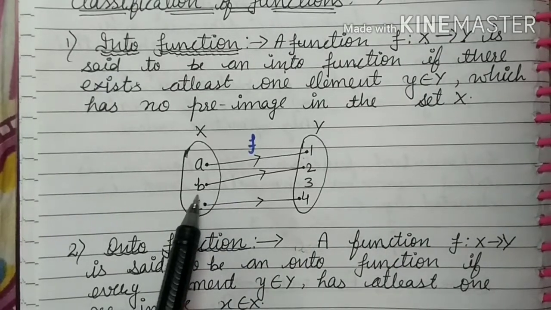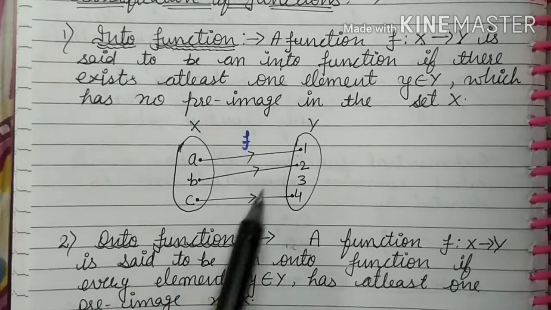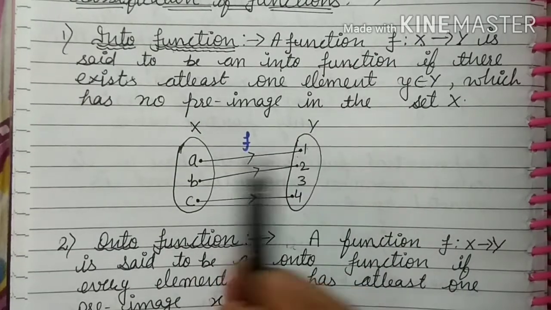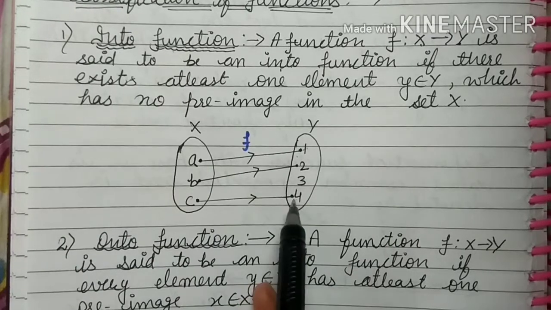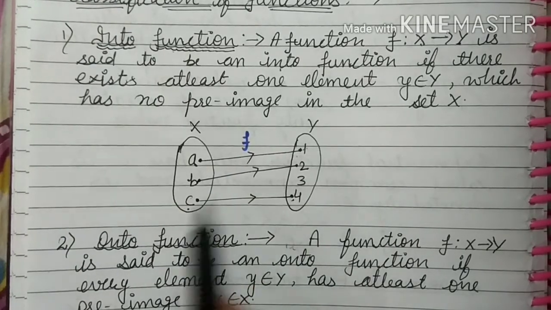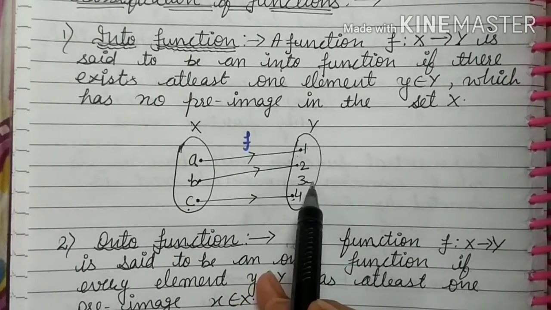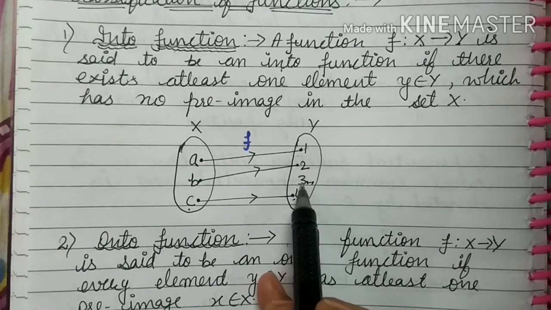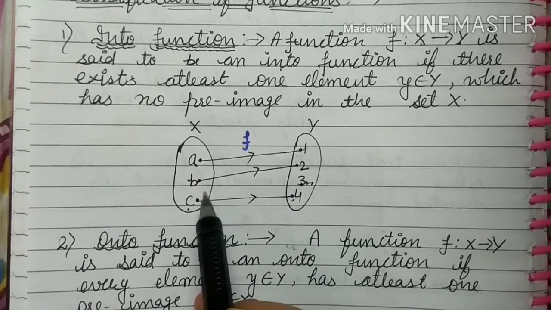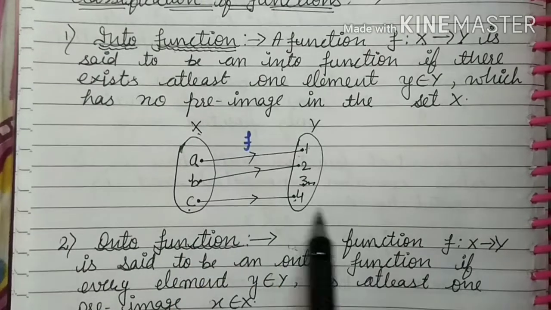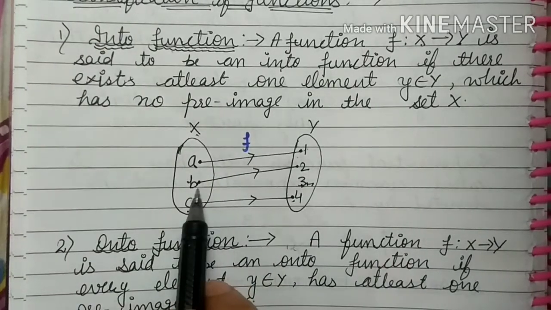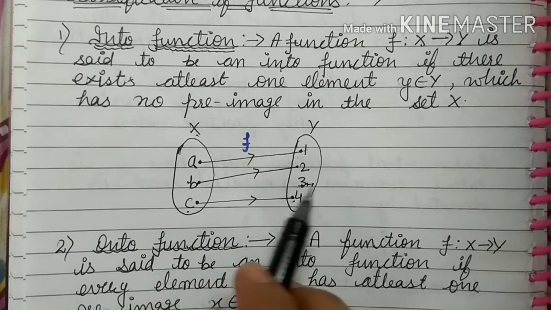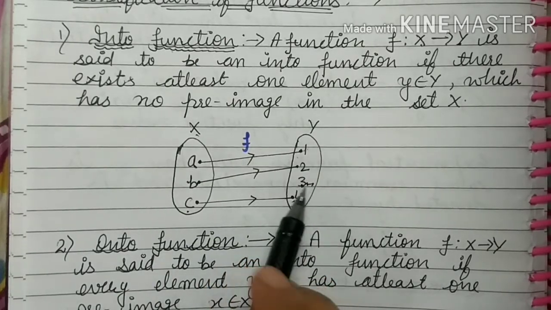This arrow diagram shows that this f is an into function as 1 has preimage A, 2 has preimage B and 4 has preimage C. But a single element is there, 3, which has no preimage in the set X. There may be more elements which do not have any preimage in X. That function can be called an into function.